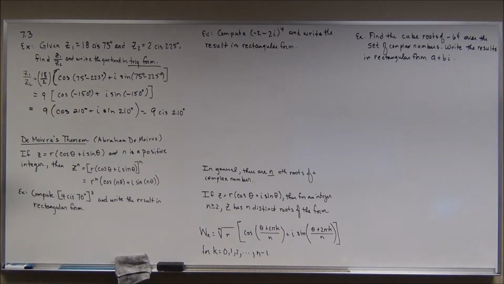So it was a French mathematician by the name of Abraham. Now I pronounce it Demoivre, but it's probably the wrong way to pronounce it.